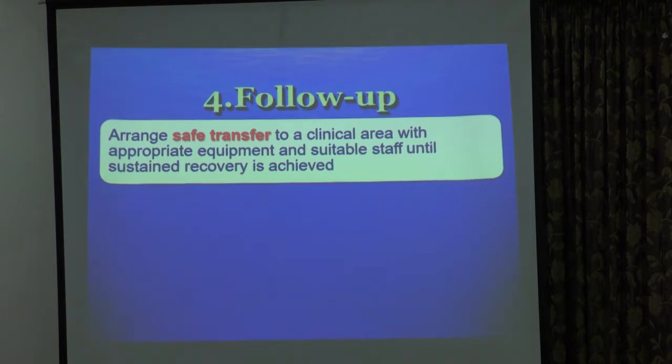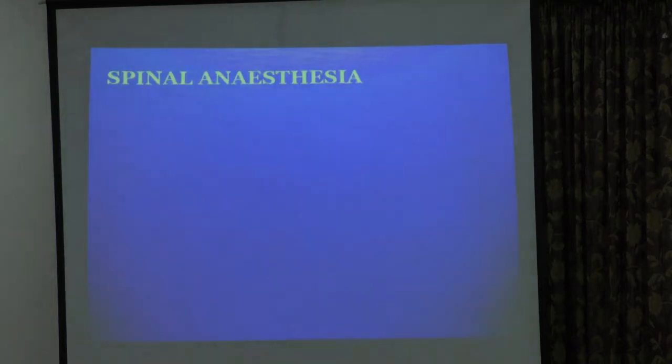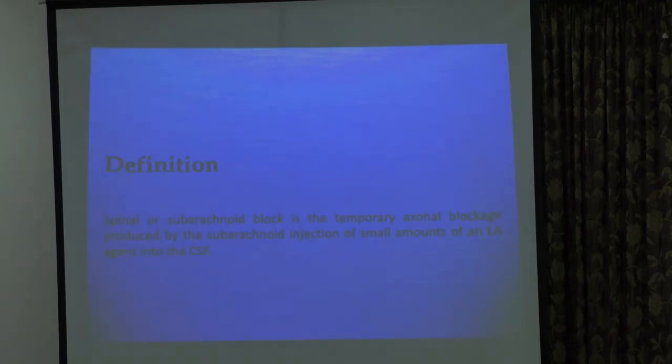Okay, it's very important. So let's look at spinal anesthesia, which is one of the common things that you guys do, and we use the local anesthetic for that same purpose.